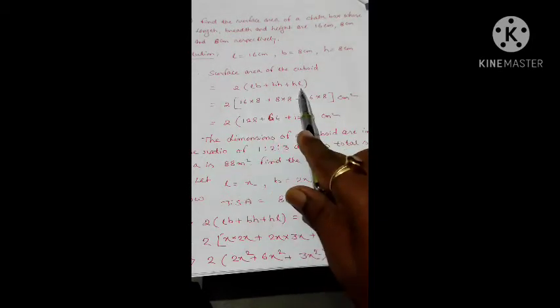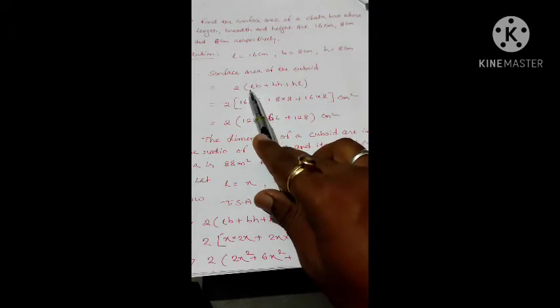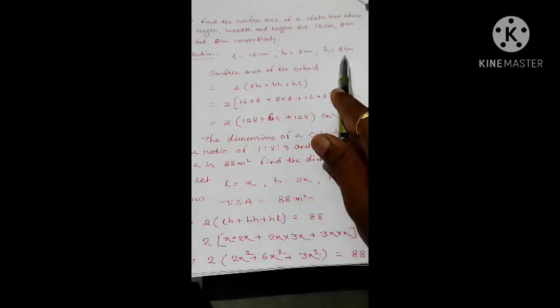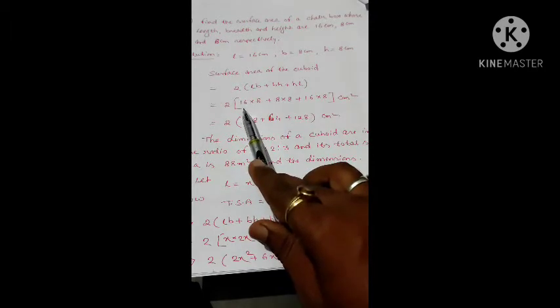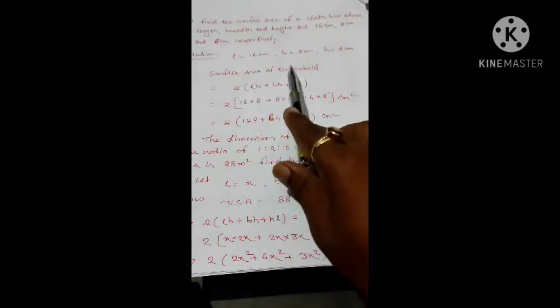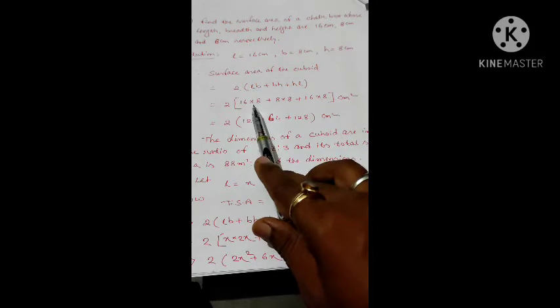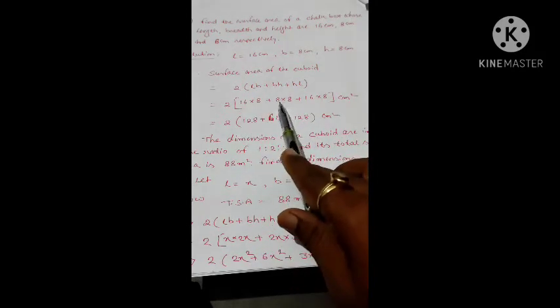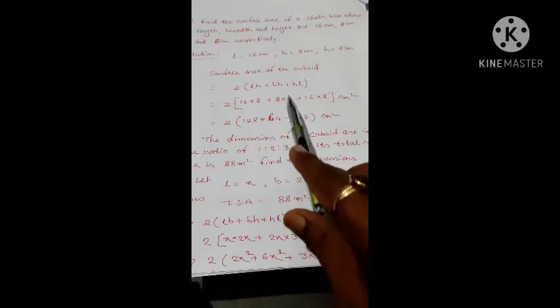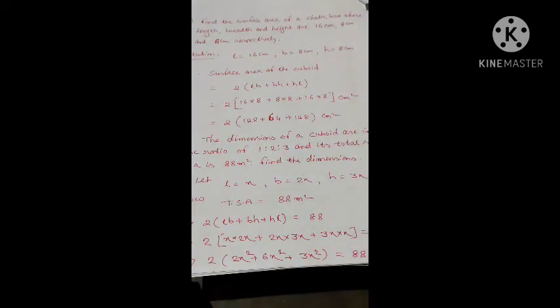This is the formula as we discussed earlier. Simply, in place of these dimensions, we have to put the given values. Here L is given 16, so in place of L we write 16. Here B is given 8, so in place of B we write 8. After calculation, 16 into 8 is 128, 8 into 8 is 64, and we will get the total surface area. So this is a very simple sum.